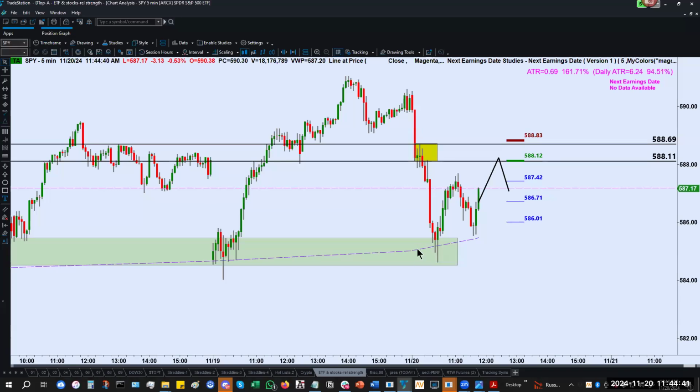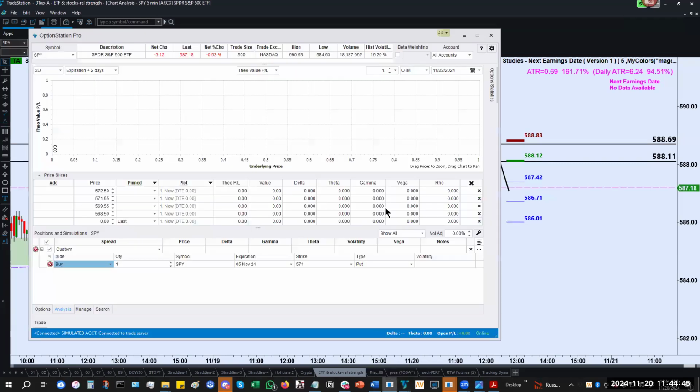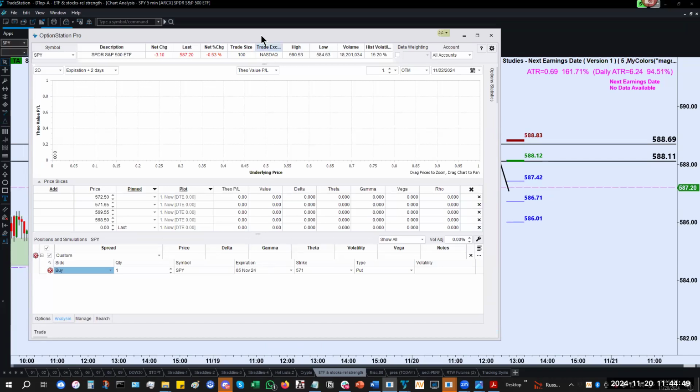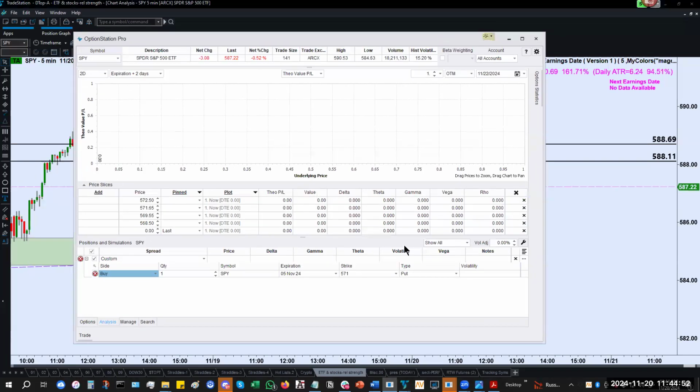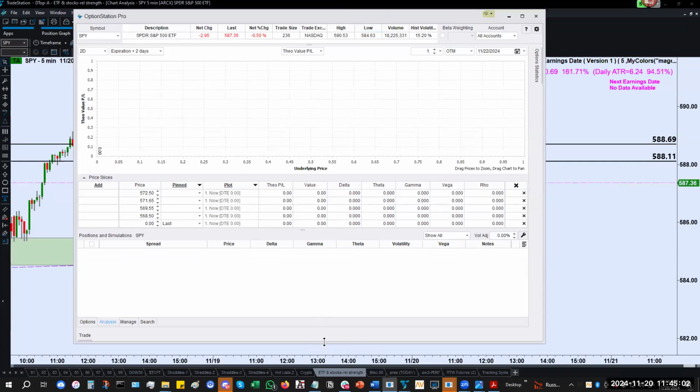So the way we would look at this is, I'm going to bring up the platform here and go through this really quickly. I can show you the difference of choosing an option that's going to expire tomorrow versus one that's going to expire on Friday, and how different the time decay is going to look.